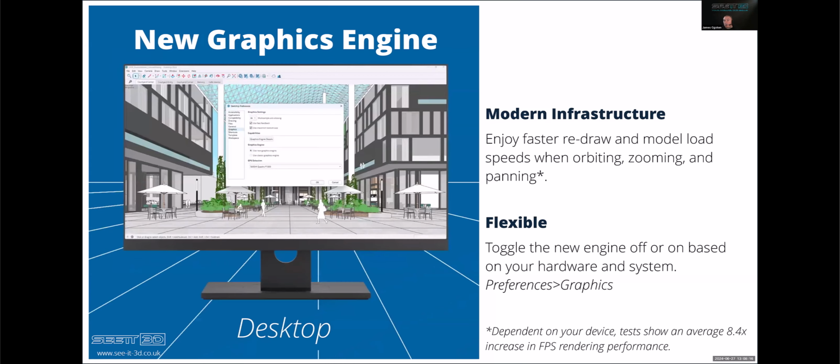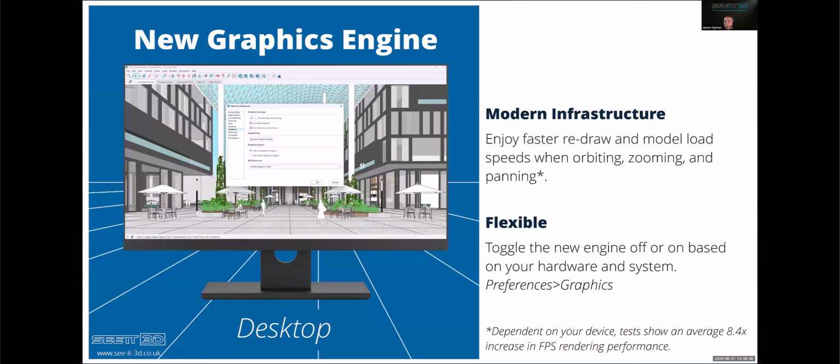So here we are. This is the first feature of the 2024 SketchUp, which is the new graphics engine. What that really means is that it's had a complete upgrade. The new graphics engine is taking advantage of your emerging hardware and software technologies, providing notable improvements in navigation and responsiveness.